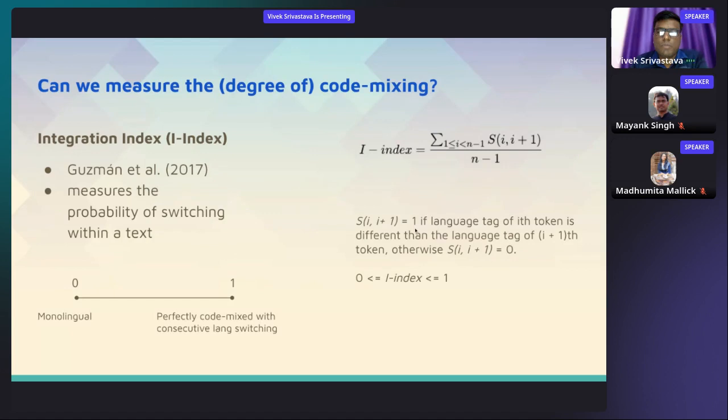So if you put everything together and compute the I index for a sentence, you will get a score from 0 to 1. And again, this scale represents that 0 will be much closer to a monolingual text. One will be the perfectly code mixed sentence where you have consecutive language switching between the two languages that are there.